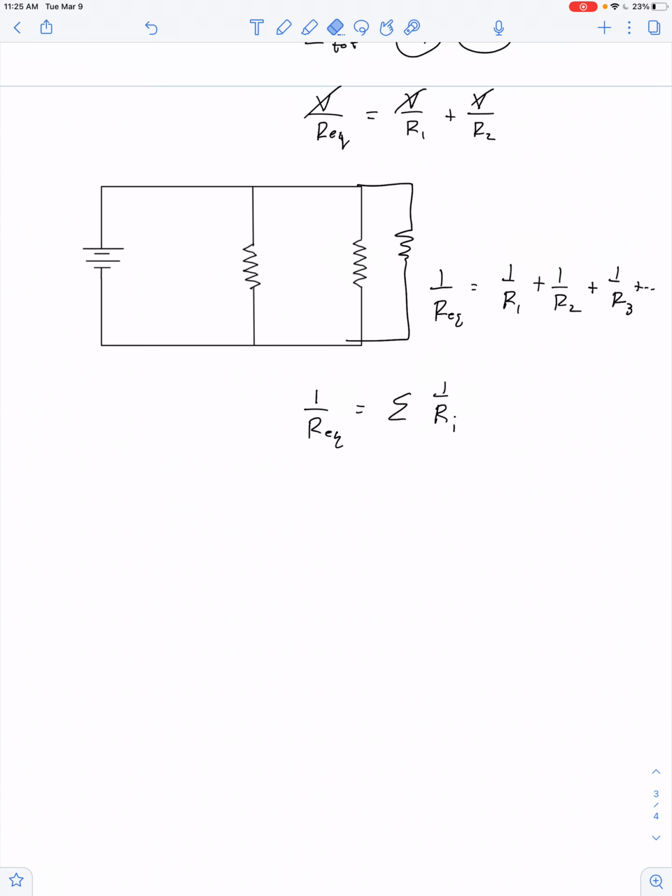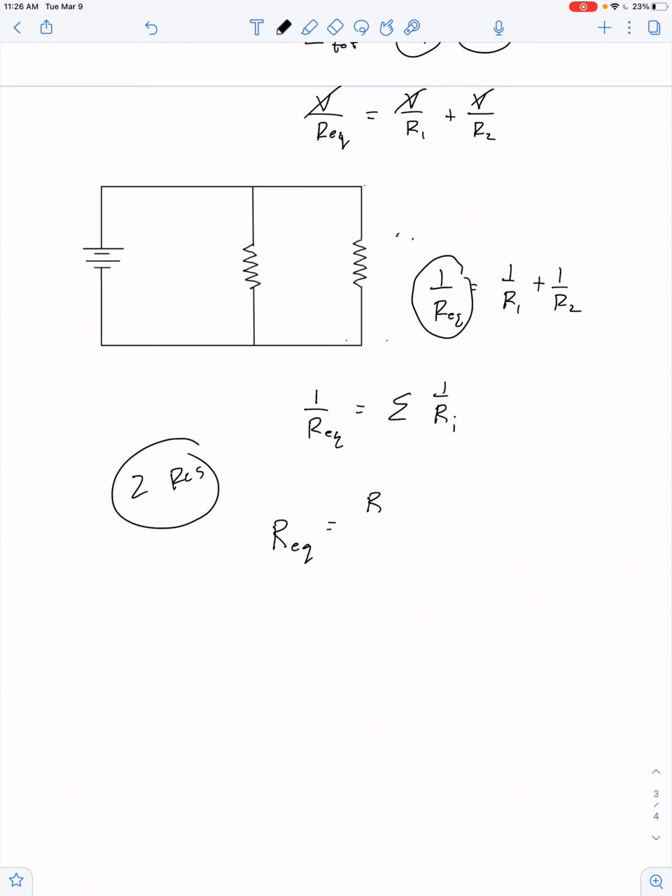If we limit ourselves to just 2 resistors connected in parallel, then instead of having an equation that solves for the inverse of the equivalent resistance, we can find a common denominator, invert both sides of the equation, and we'll find that for 2 resistors, the equivalent resistance is R1 multiplied by R2 divided by R1 plus R2.